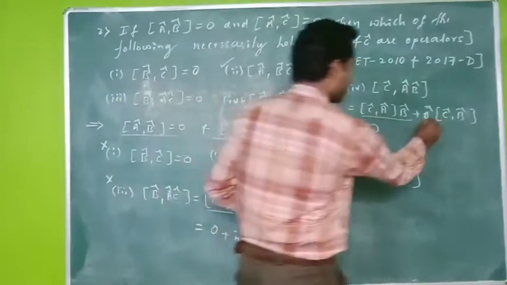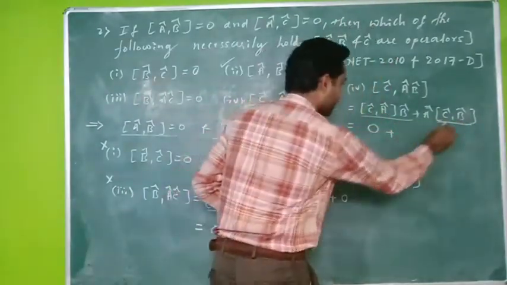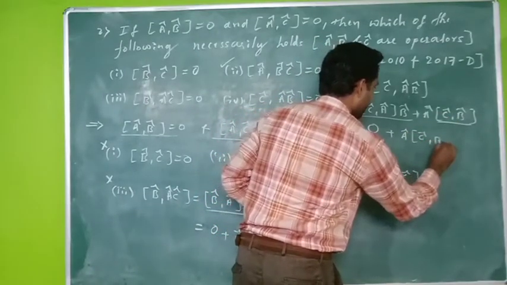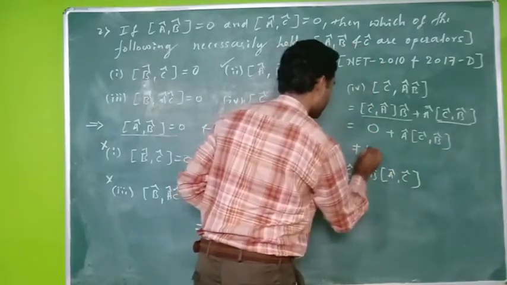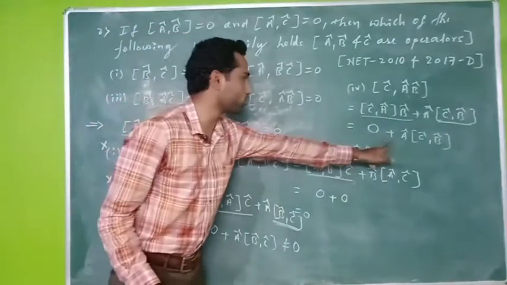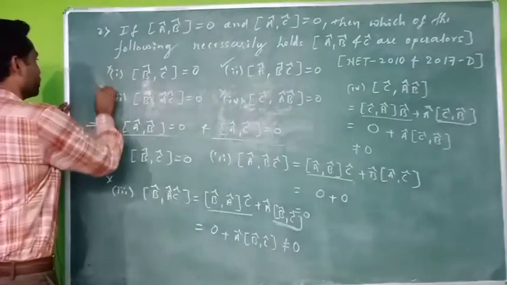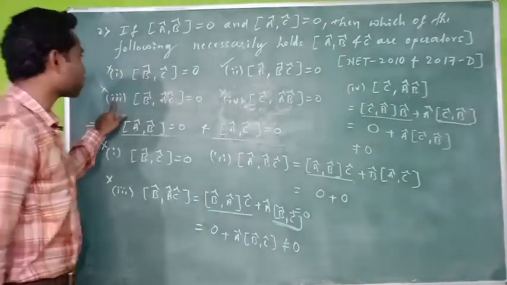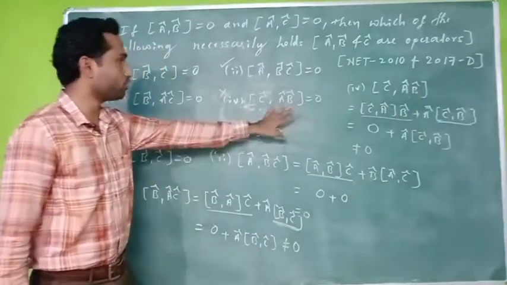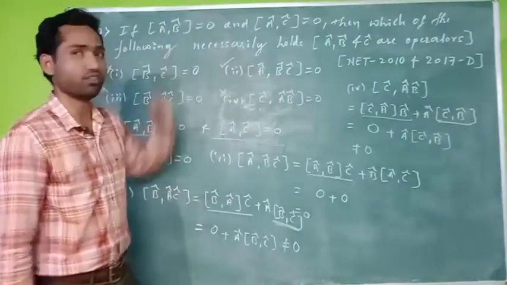The next one, we don't know the value of this commutator of C and B operators. So this is not equal to 0. They have given that this is equal to 0, but that value is not equal to 0. That is what we have proved. So this option is also not correct. The first is not the right answer, the third is not the right answer, and the fourth is also not correct. Therefore the second one is the right option for this question.